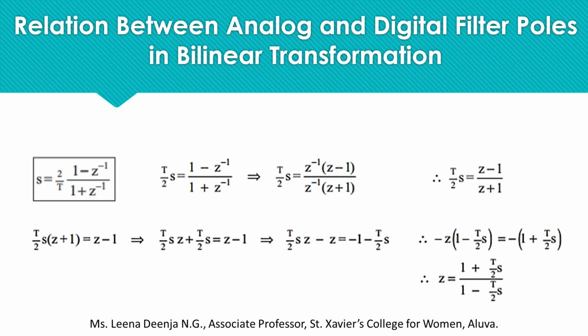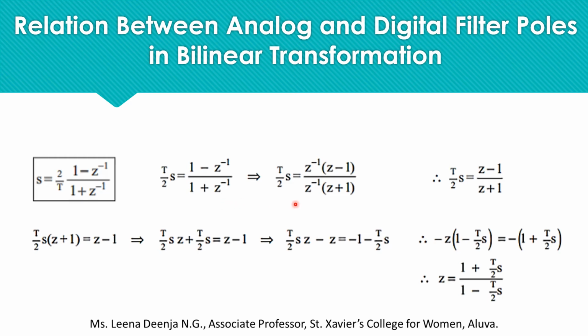The transformation is accomplished when s equal to 2 by T, 1 minus z raised to minus 1 by 1 plus z raised to minus 1. Taking this 2 by T to the left hand side, it is T by 2 s equal to 1 minus z raised to minus 1 by 1 plus z raised to minus 1.